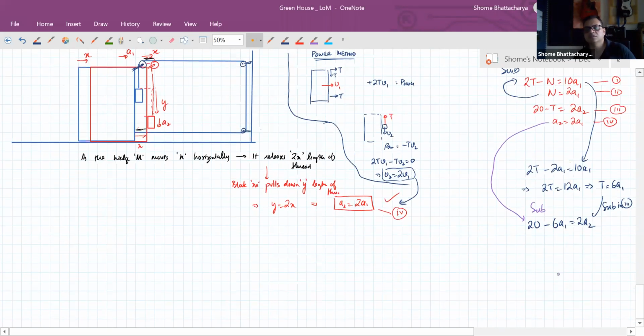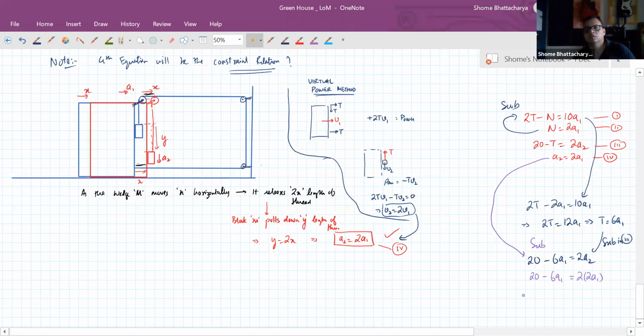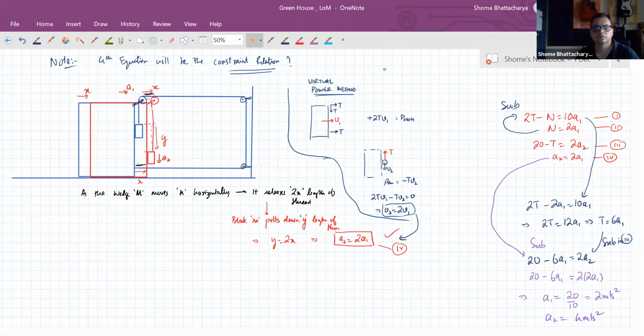So 20 minus 6a1 is 2 into 2a1. So a1 will become 20 divided by 10, or 2 meters per second square. And a2 will become therefore 4 meters per second square. Okay, so just write down the solution.